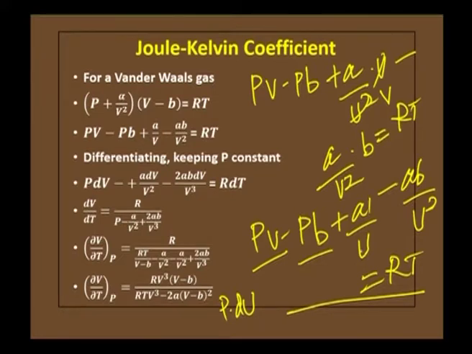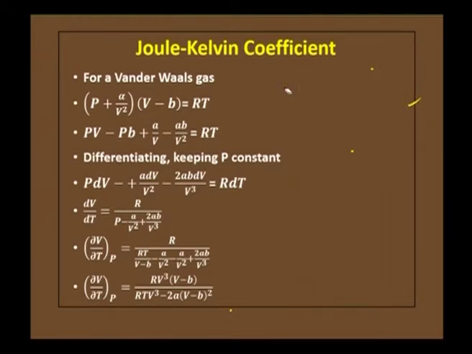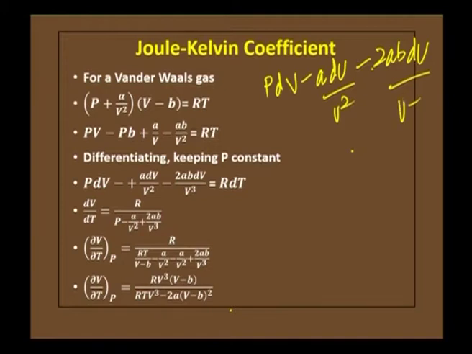When you differentiate a by v, it is minus a dV by V squared, and minus ab by V squared turns out to be plus 2ab dV by V cube, equal to R dT. Simplifying this equation, I can write p dV minus a dV by V squared plus 2ab dV by V cube is equal to R dT.